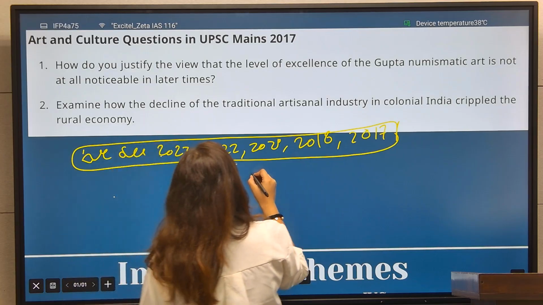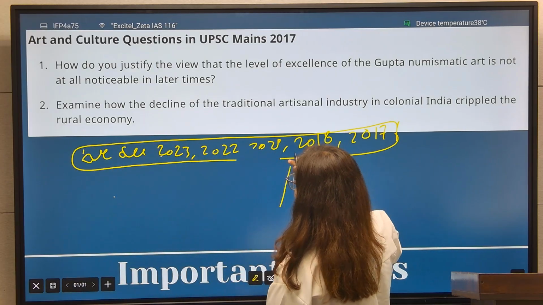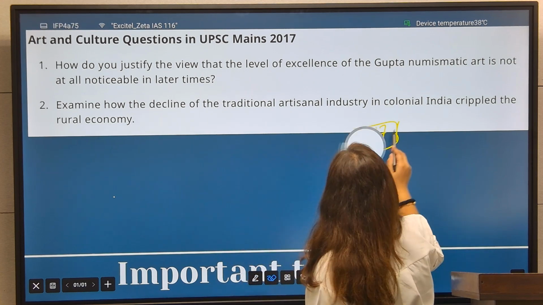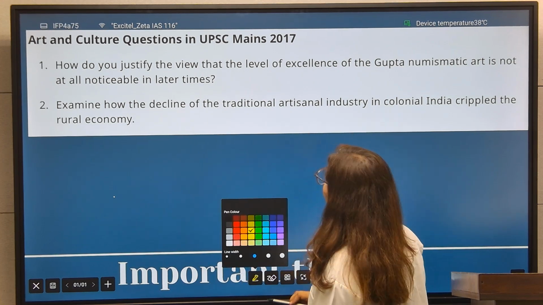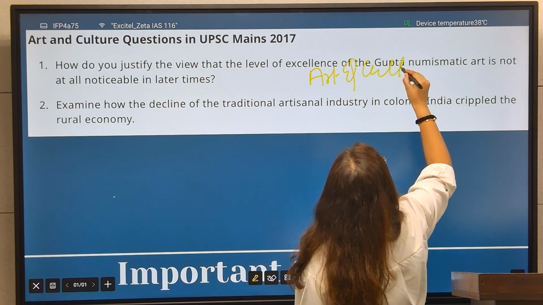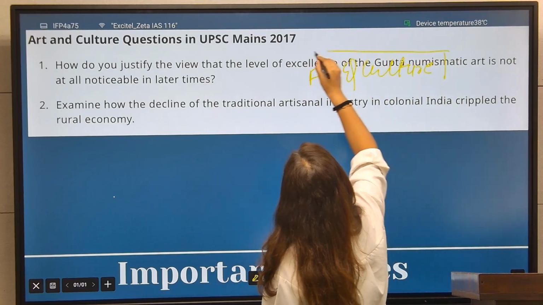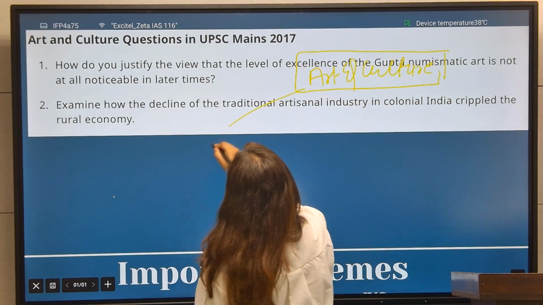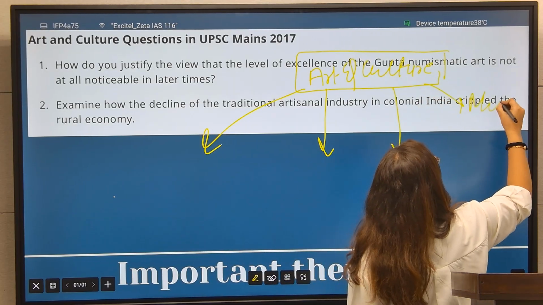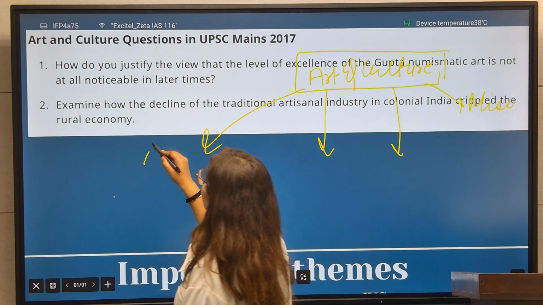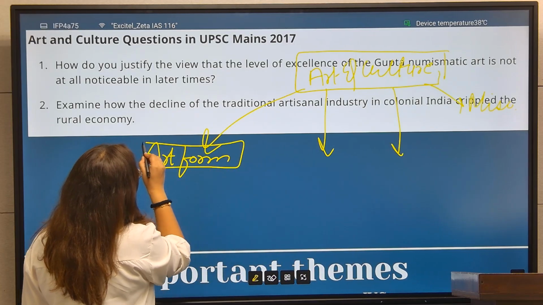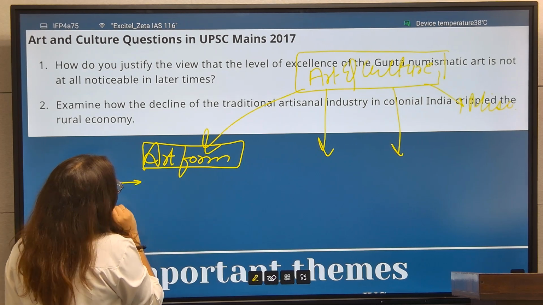So in art and culture, there are three things, and one is miscellaneous also. One is art form. If we analyze the PYQs, what has been asked by UPSC?